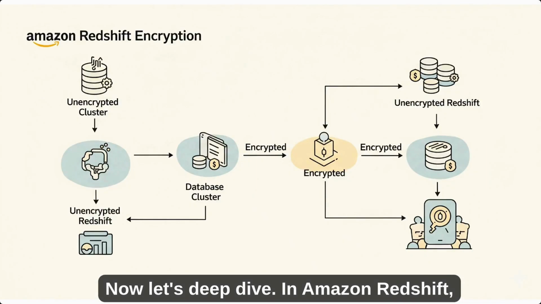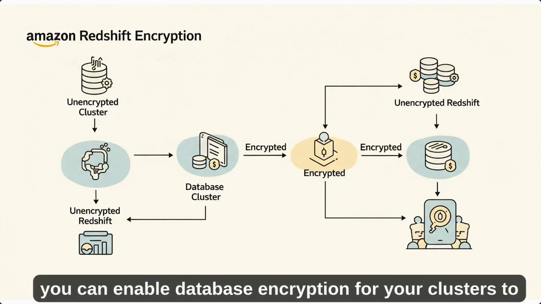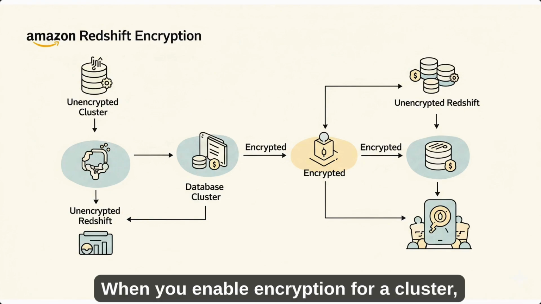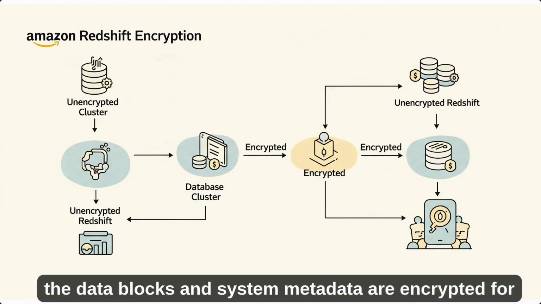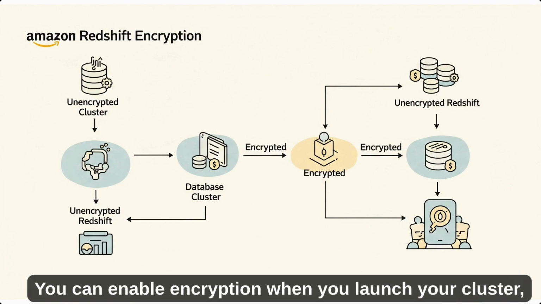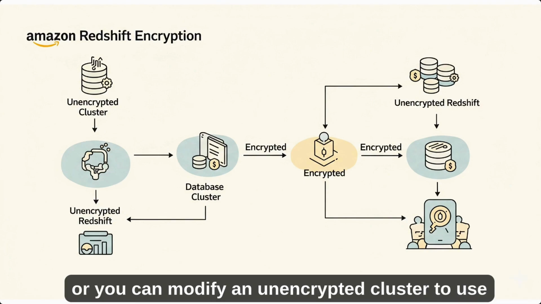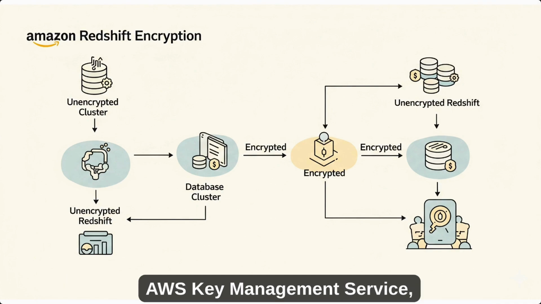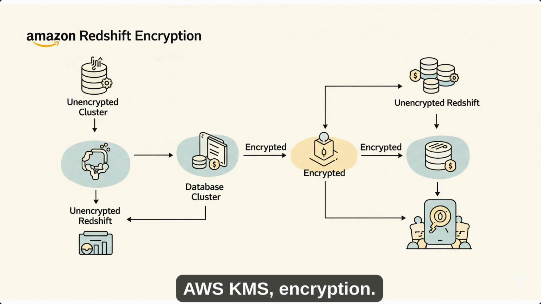Now let's deep dive. In Amazon Redshift, you can enable database encryption for your clusters to help protect data at rest. When you enable encryption for a cluster, the data blocks and system metadata are encrypted for the cluster and its snapshots. You can enable encryption when you launch your cluster, or you can modify an unencrypted cluster to use AWS Key Management Service, AWS KMS encryption.